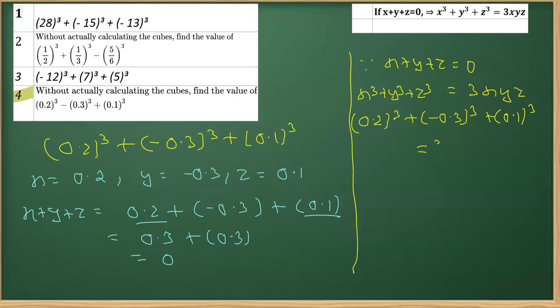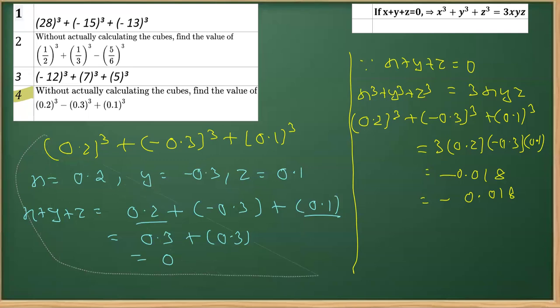This should be equal to 3 times x, which is 0.2, into y, which is 0.3, into z, which is 0.1. Now you're going to multiply here. As you can see, there is one negative sign, so you will get minus here. Then 3 into 2 is 6, 6 into 3 is 18, 18 into 1 is 18. Now count the decimal places. It has a total of 3 decimal places. So the final answer will be minus 0.018.